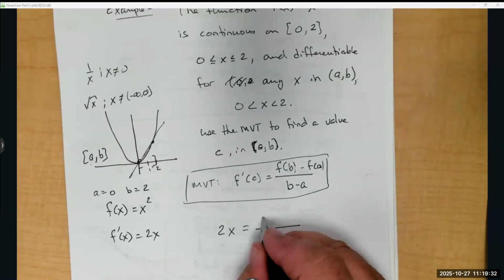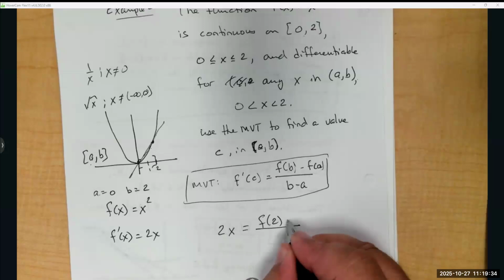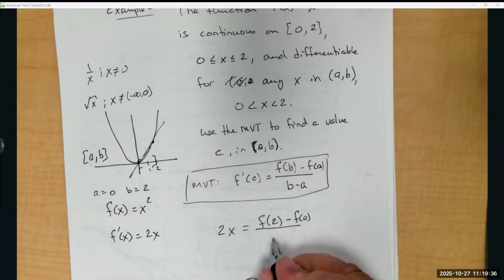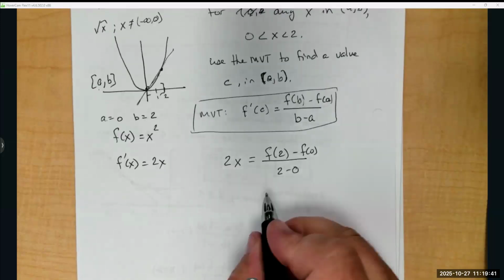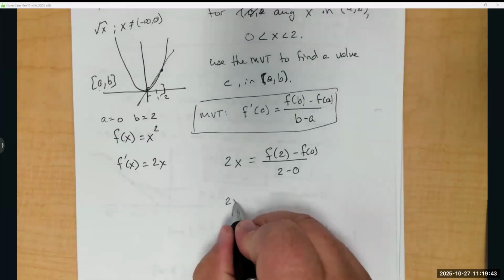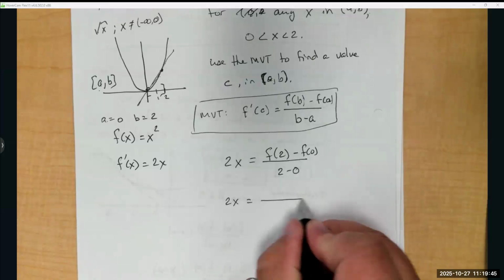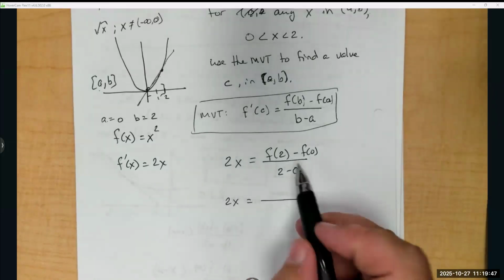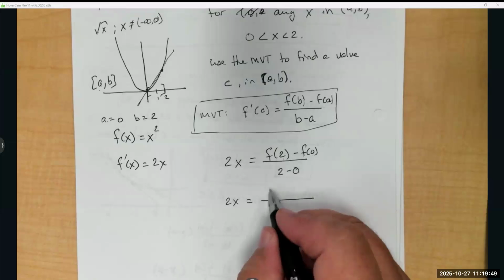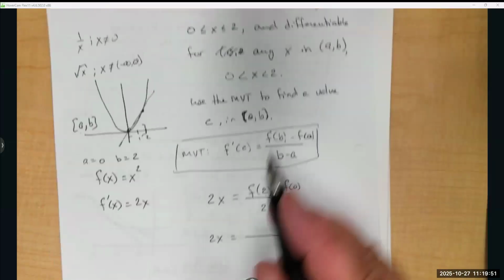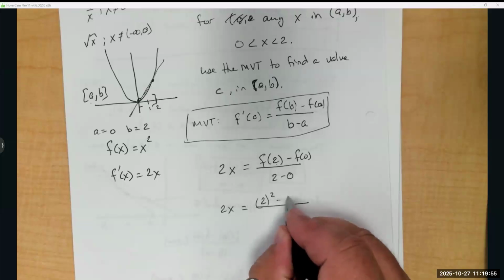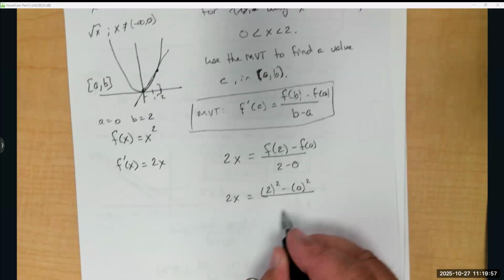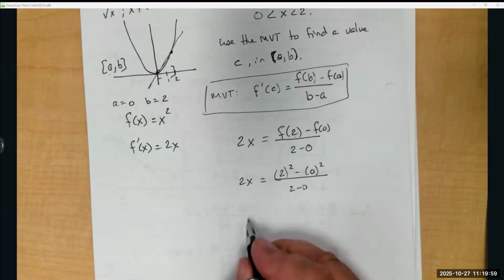So we have to find f of 2 minus f of 0 over 2 minus 0. F of 2, the function is x squared. So we have 2 squared minus 0 squared over 2 minus 0.